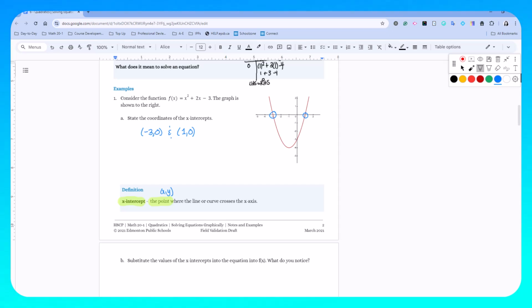Now let's go to part B, where it says substitute these values of the x-intercept into the equation. What they mean by that is the x-coordinate into the equation of f of x. What do you notice? So let's go ahead and do that. I'm going to scroll up a little bit.